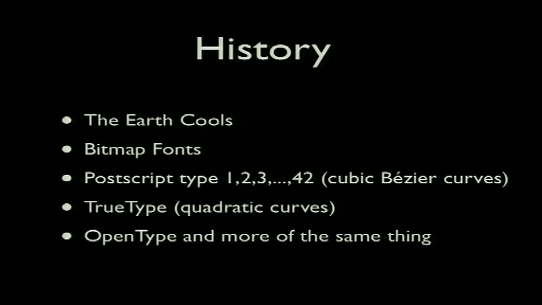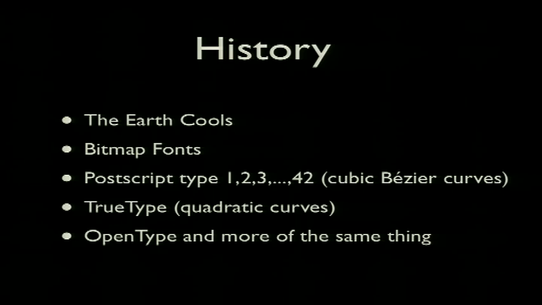Anyway, so all right, so TrueType fonts, they're actually little programs. So here's a bit of background on fonts. Here's the history of fonts. So the Earth cools, and then everybody starts using bitmap fonts. And then Adobe comes up with PostScript, and they actually do proper typesetting and stuff like that, so you can actually have proportional spacing.